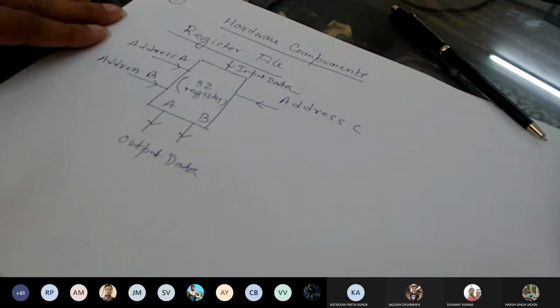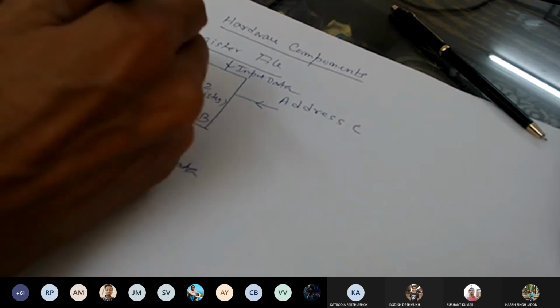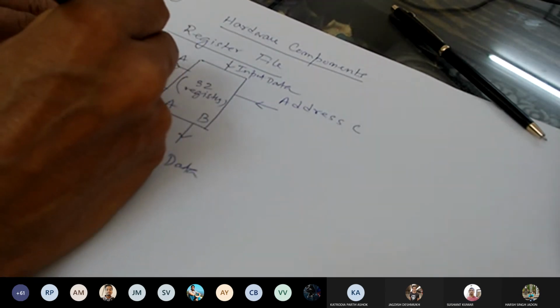You give the addresses of the registers. With 32 registers, how many bits are needed to uniquely identify a register? Five. Yes, so this is 5 bit.